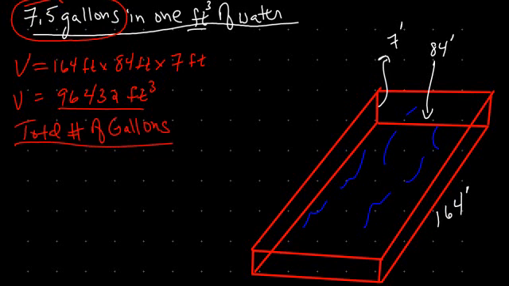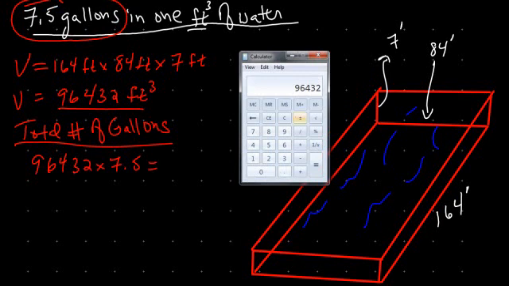Again, this kind of makes sense. Each cubic foot has 7.5 gallons, so if I multiply, that's going to give me the total number of gallons to fill this tank.